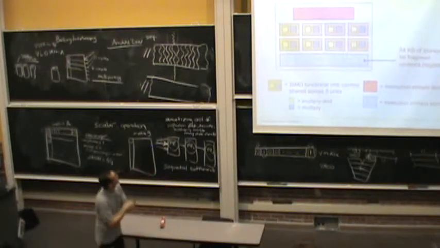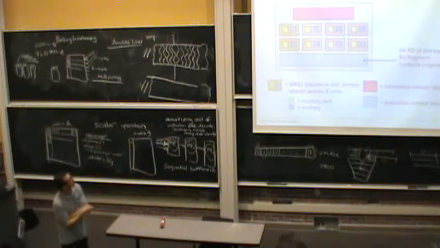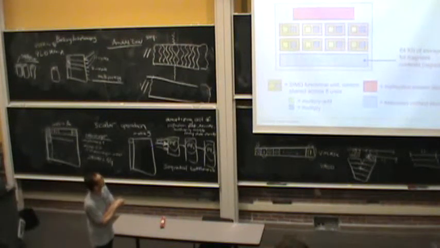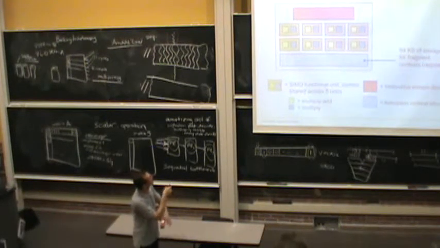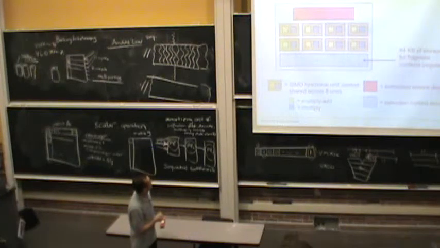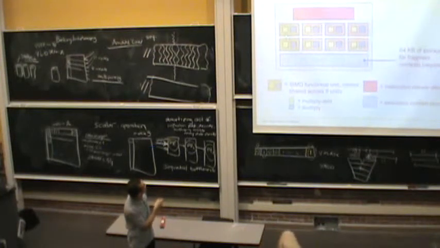Okay, so just to give you an example, this is actually an old core, the NVIDIA GeForce GTX 285. If you look at this core, 8 units share a single instruction stream decode unit, which means that they all have to do the same instruction, and each has a multiply-add and multiply unit.